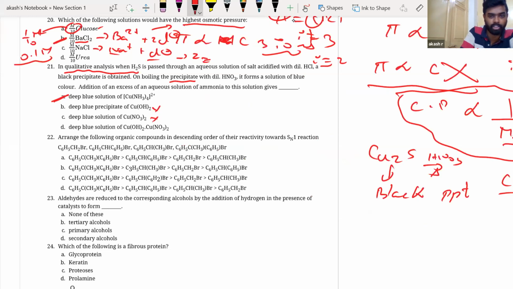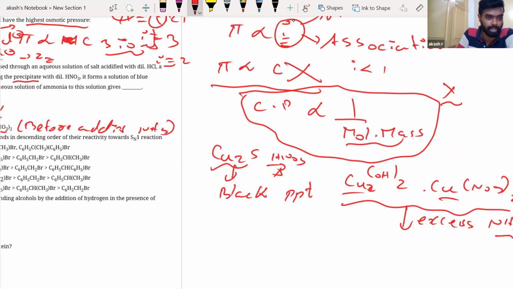You can see here, Cu(NO3)2 with Cu(OH)2, just by heating Cu2S with HNO3. So the most probable answer would be deep blue solution. You can neglect the options and get the correct answer. So the answer is A for sure.